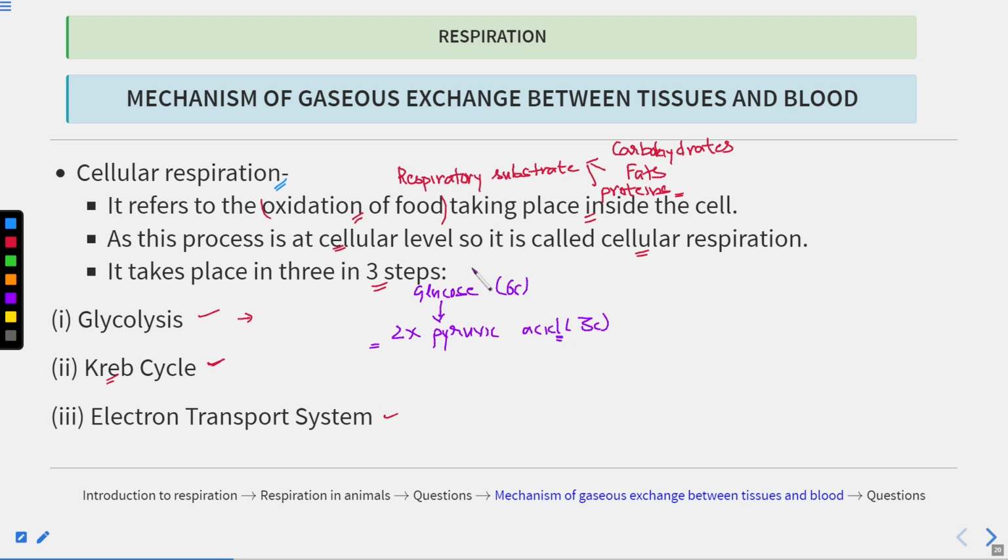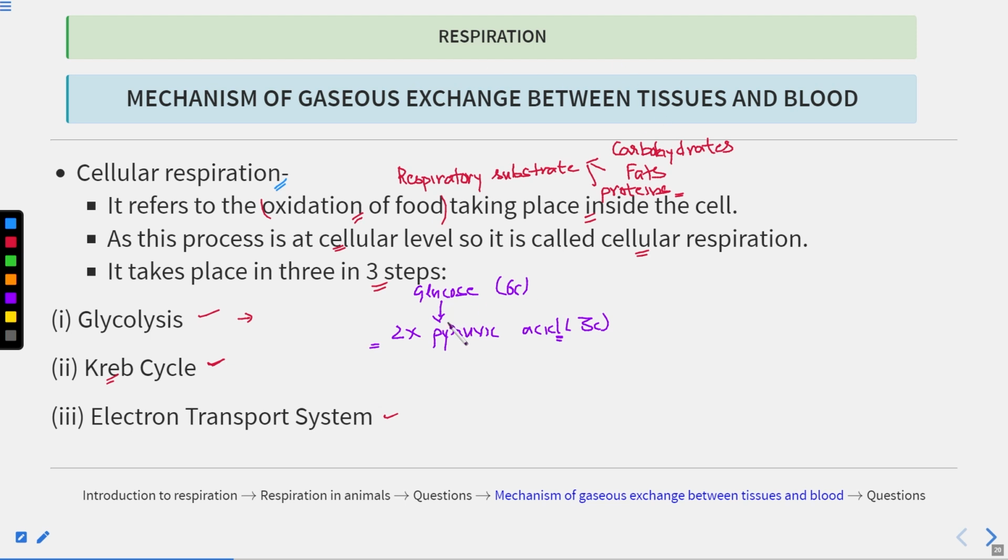And we have also seen there are a lot of steps and enzymes involved during glycolysis. So you should remember all these steps and where the ATP production takes place and where the ATP is used. Okay, and you can also study about the enzymes that are involved in glycolysis.